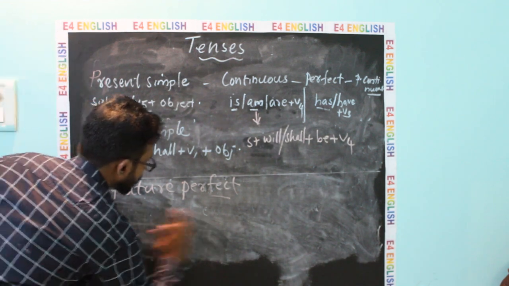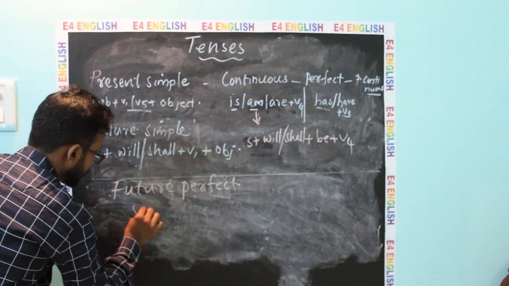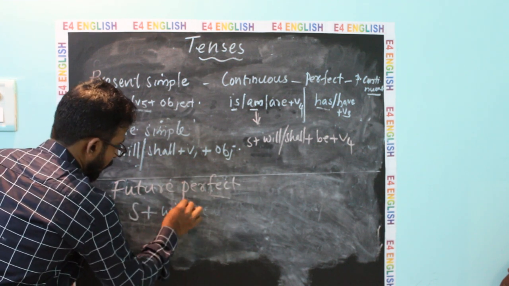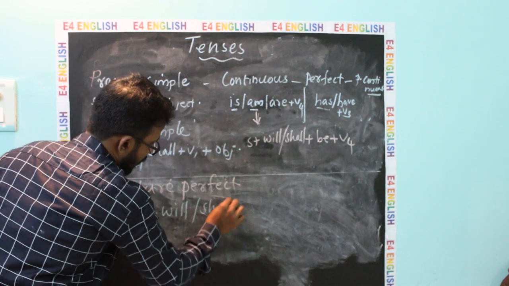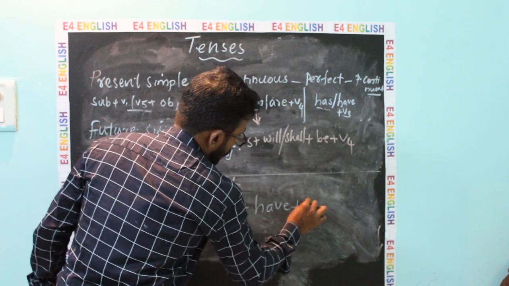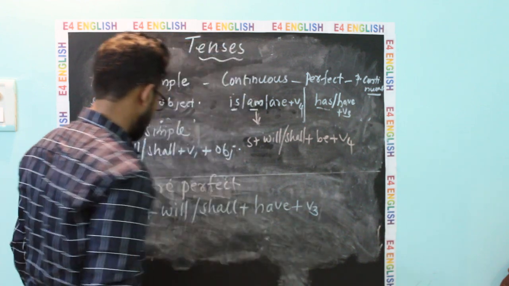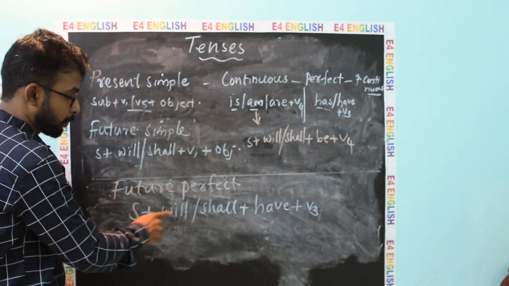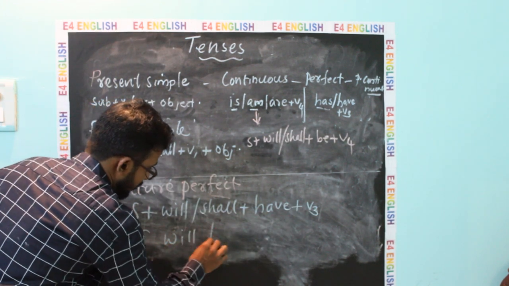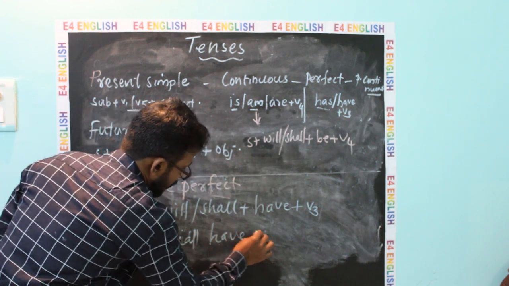So the future perfect form is subject plus will or shall plus have, no, have plus V3. So here, subject will or shall plus have plus V3. I will or I shall, we can write, I shall have called you.